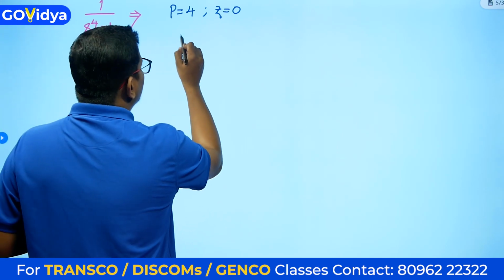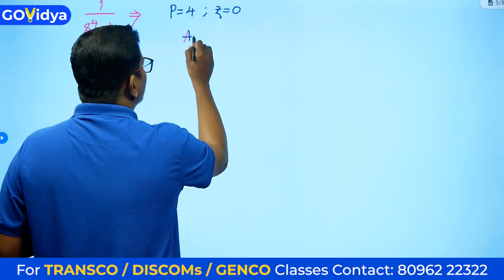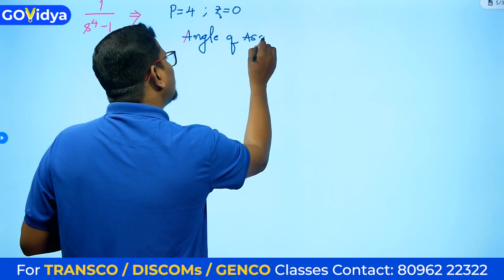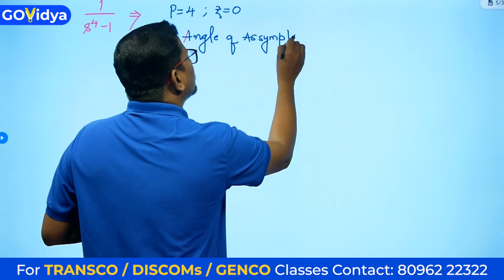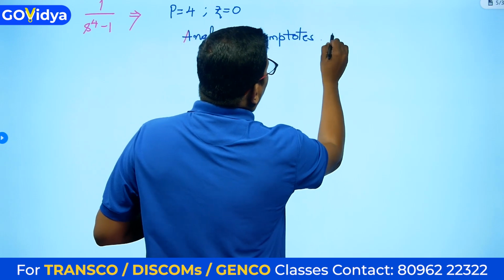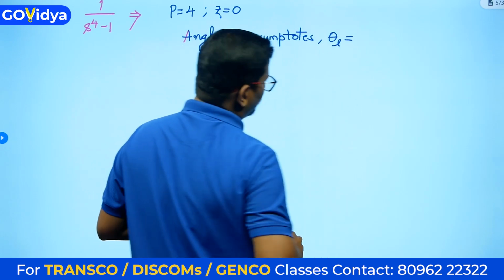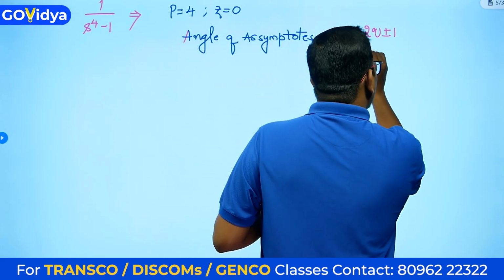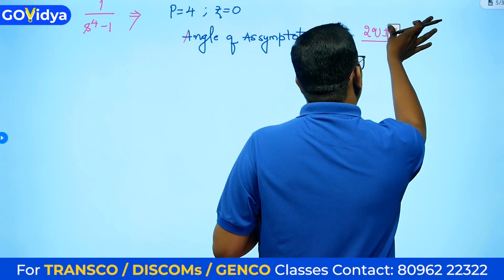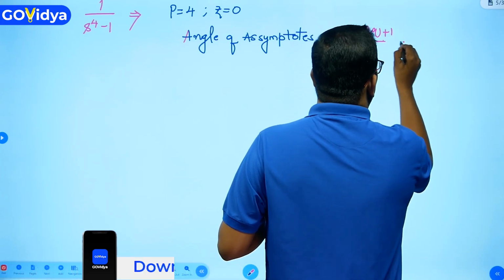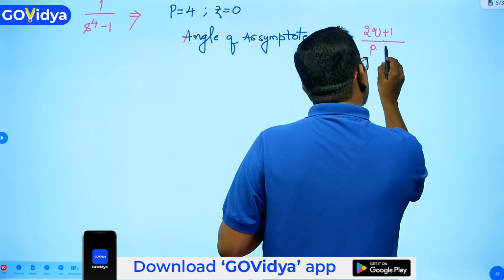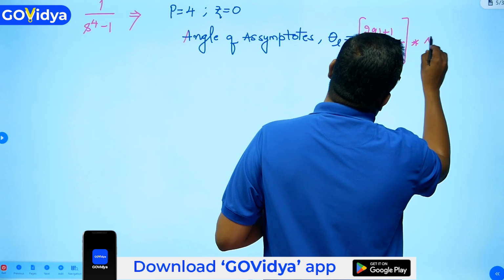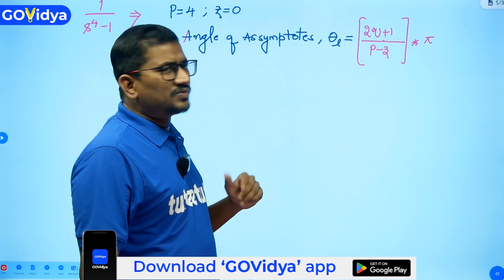Angle of asymptotes theta is equal to, what is the formula? (2q plus 1) whole divided by (p minus z), into pi. Either in radians or degrees we can mention that.